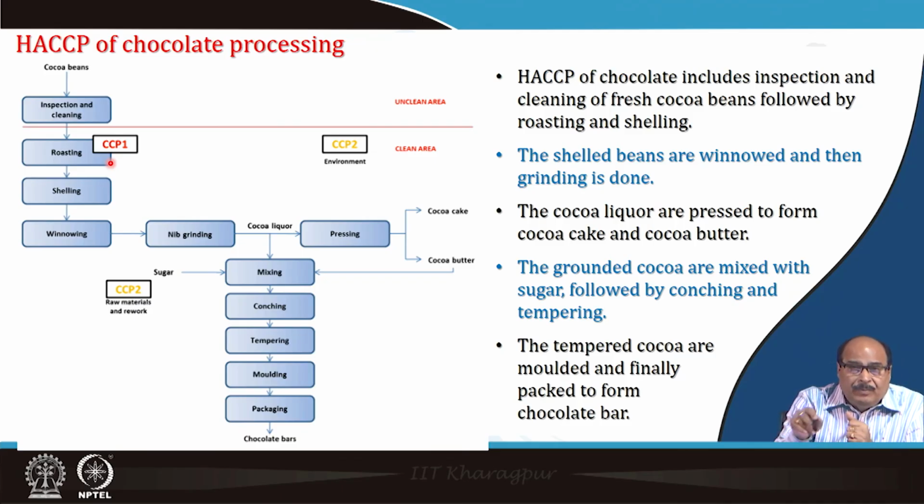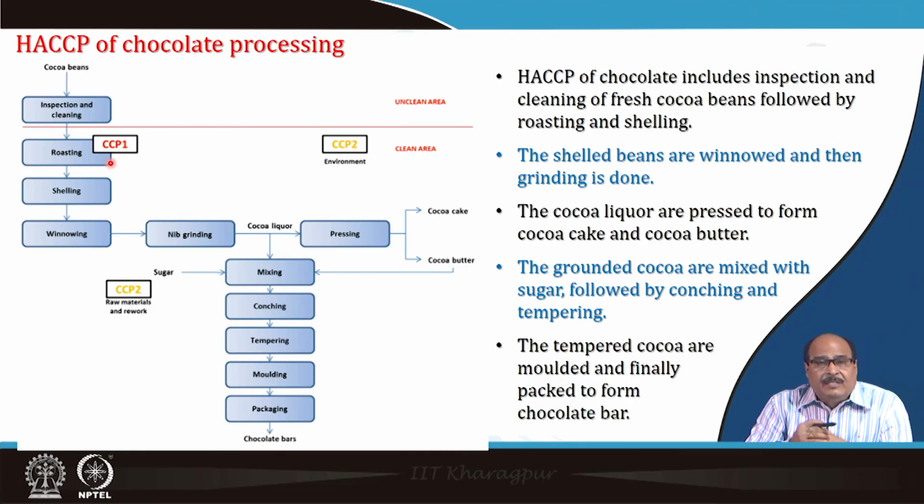Then CCP2, very necessary, is the environment where this process is done, which should also be maintained. And mixing is also CCP2, because of the raw materials, the rework, etc. Proper sanitary conditions should be maintained. So that is the HACCP of the chocolate processing.